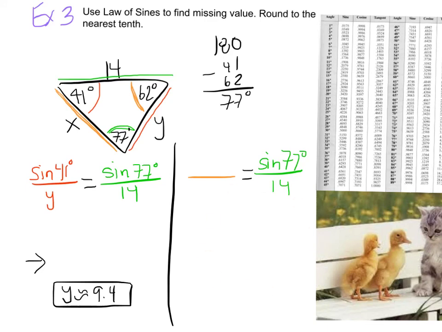And for your second part, to find x, you're going to need to find out what that sine ratio is right here. Cross multiply and divide. And let me give you your answer for your second one. X is going to be approximately 12.7. But again, remember your answer is going to be one step before that. Go ahead and put in the math, and when you're finished substituting in your sine values, you can move on to your next station.